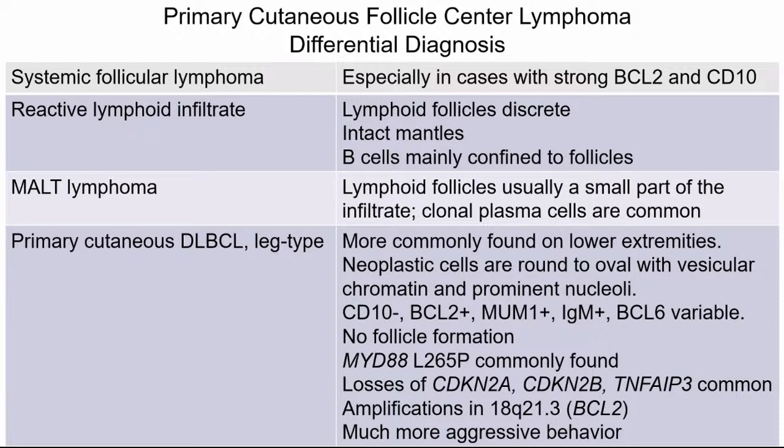Common genetic changes include losses of CDKN2A, CDKN2B, and TNFAIP3. One may also see amplifications of chromosome 18q21, which is the location of the BCL2 gene. And this lymphoma is associated with much more aggressive behavior than follicle-centered lymphoma or MALT lymphoma.